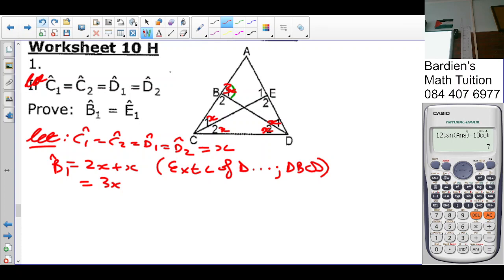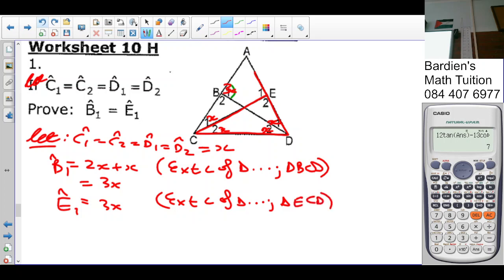What is angle E1 equal to? Same story. E1 is also equal to 3x. Why? Exterior angle of triangle ECD, which is equal to the sum of the two interior opposites.